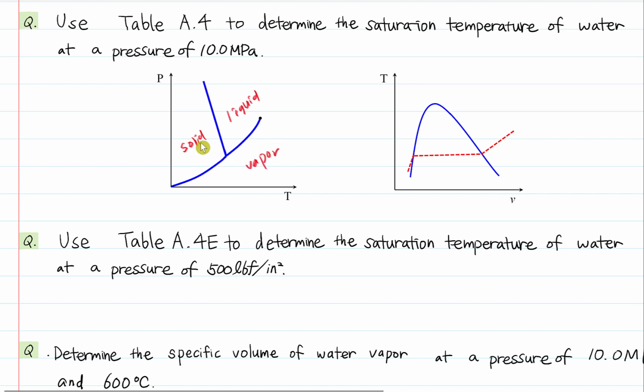This line separates solid and liquid. This line separates liquid and vapor. Table 8.4 superheated water vapor data is for this area. Superheated water vapor. Table 8.5 compressed liquid data is for this area.